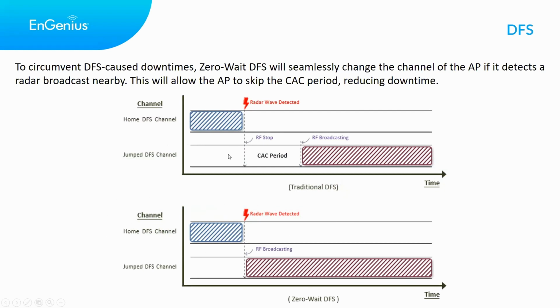So this would allow the AP to avoid that 1 minute or 10-minute wait and reduce the downtime. So in the future, we'll be adding more and more devices that support zero-wait DFS. So that means we'll be adding more devices that have a scanning radio in the future, especially for outdoors.